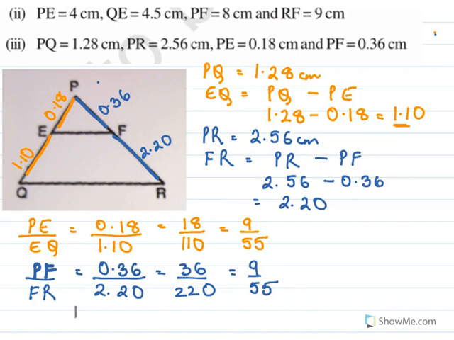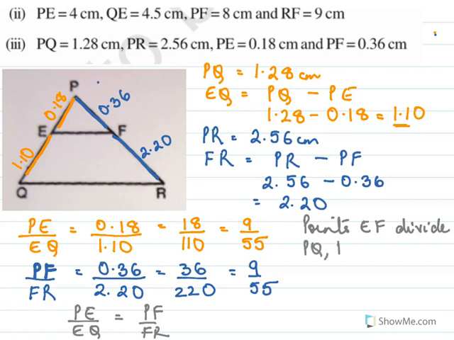So thus we see that PE over EQ is equal to PF over FR. So points E and F divide PQ and PR in the same ratio.